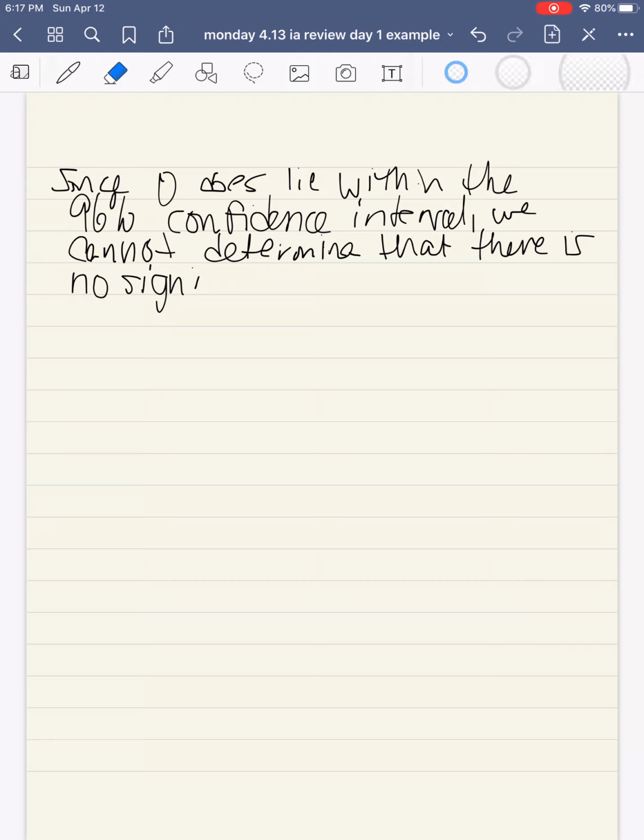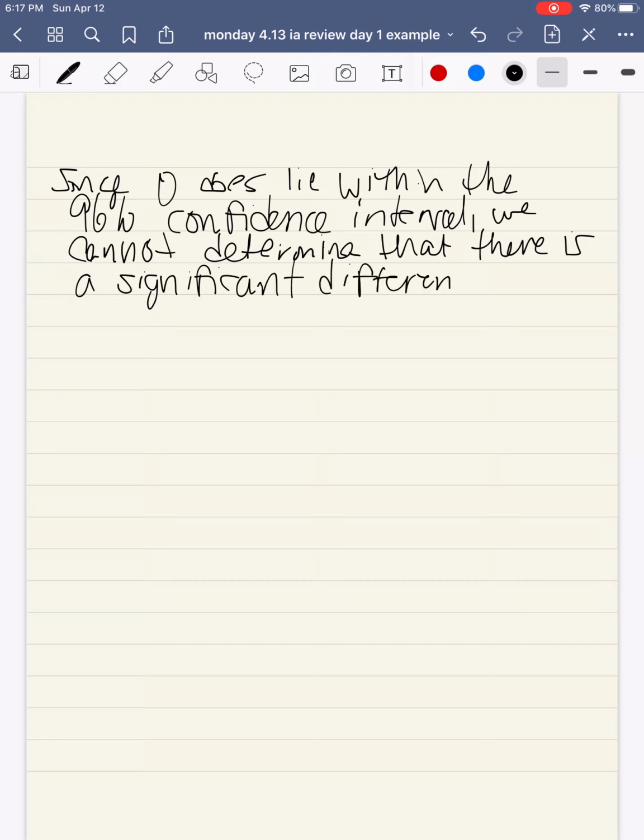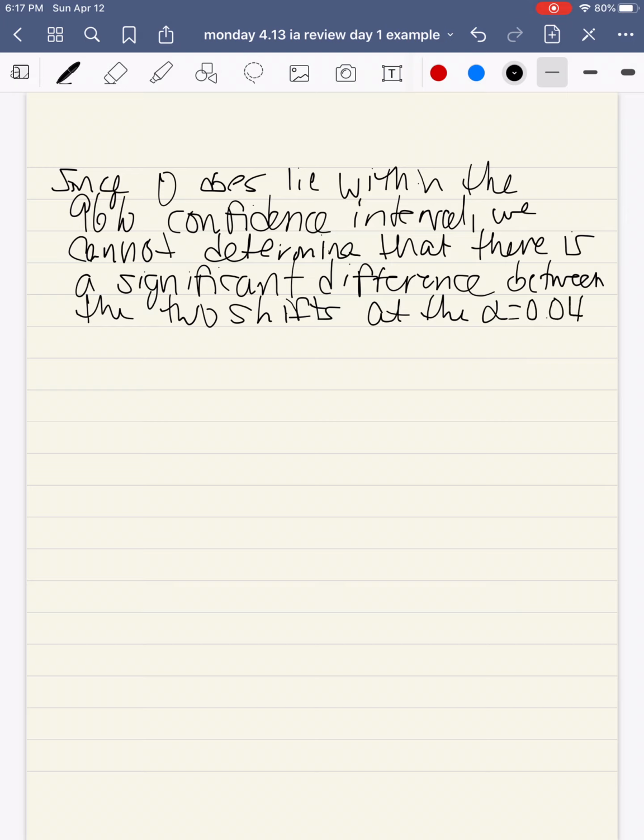I'm putting too many negatives in here and I think I'm saying the wrong thing. Since 0 does lie within the 96% confidence interval, we cannot determine that there is a significant difference between the two shifts at the alpha equals 0.04 level.